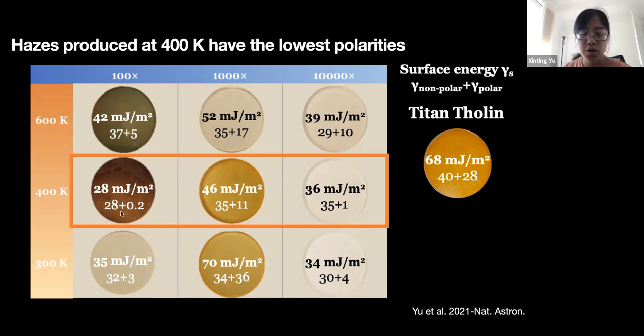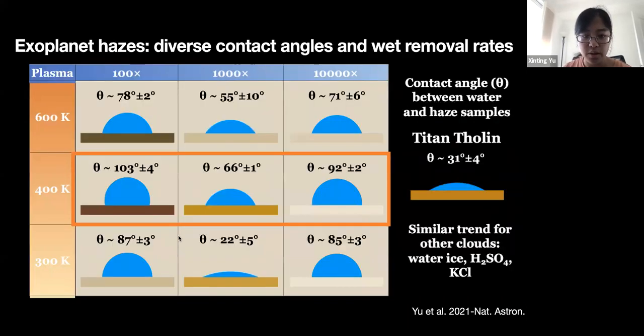All right, so the polar component actually means something for wet removal because, for example, the measured contact angle with water, a polar liquid, does depend on the polar part. So the lower the polar part, if you remember this one, it's going to return a higher contact angle. So this is going to give us a diversity of wet removal rates.